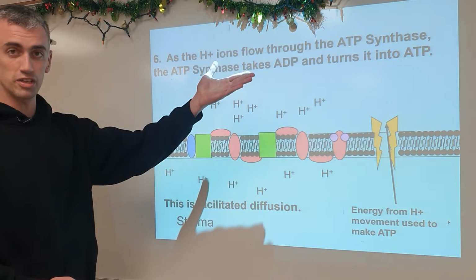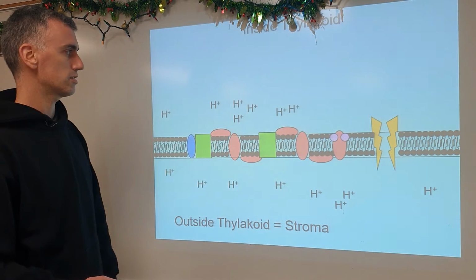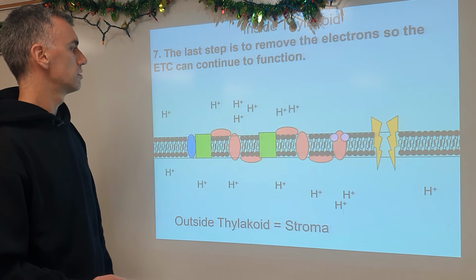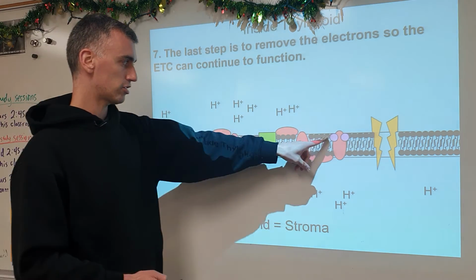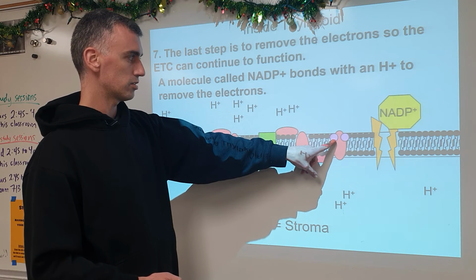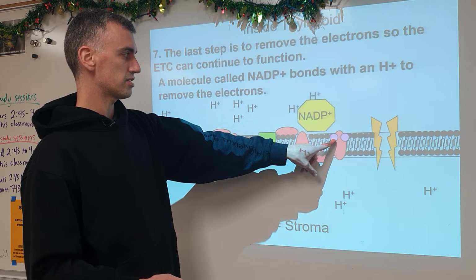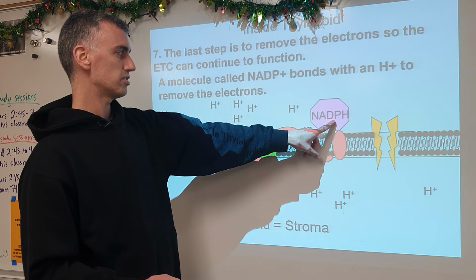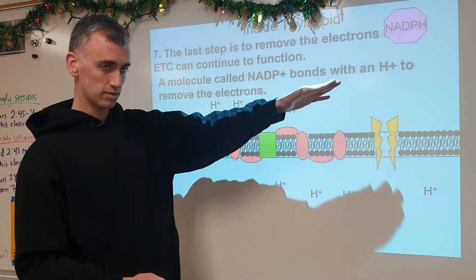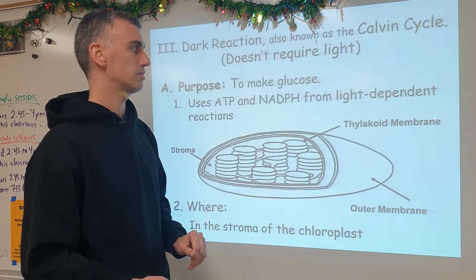And now that's the energy carrier that goes off to do its thing in the dark reactions. Now, like it says, those electrons are still there. So NADP comes, picks them up, and then combines it with a hydrogen to make NADPH, and that can also go to the dark reactions to help power those.